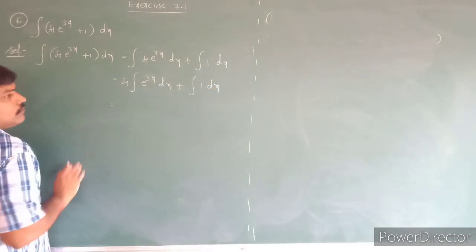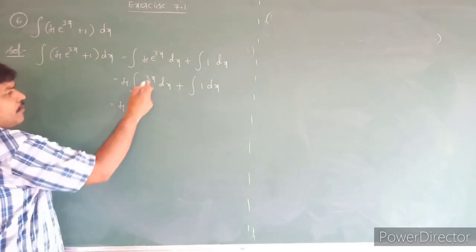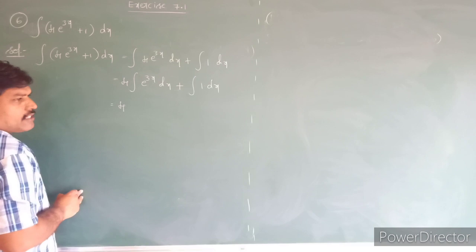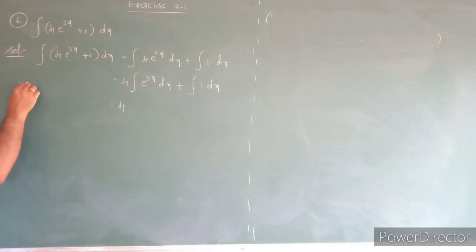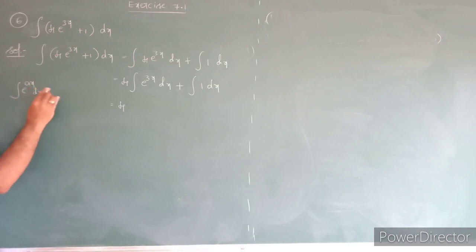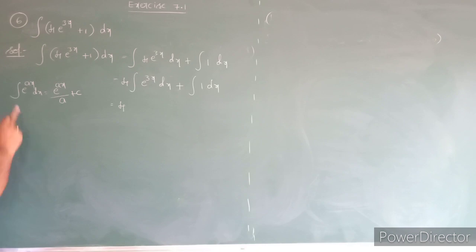So that is equal to 4 into integral of e power ax. I have already given the formula. What is the integral of e power ax into dx? It is e power ax by the derivative of ax, that is a, plus c.